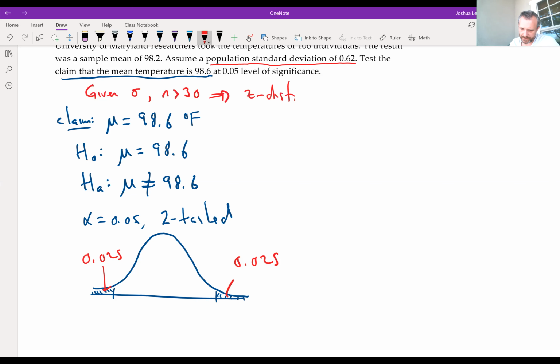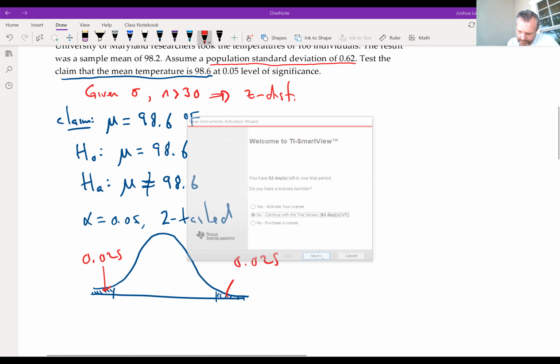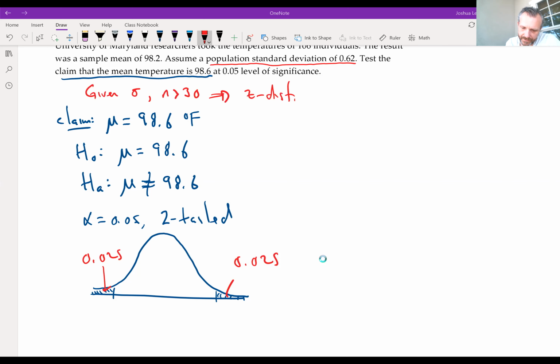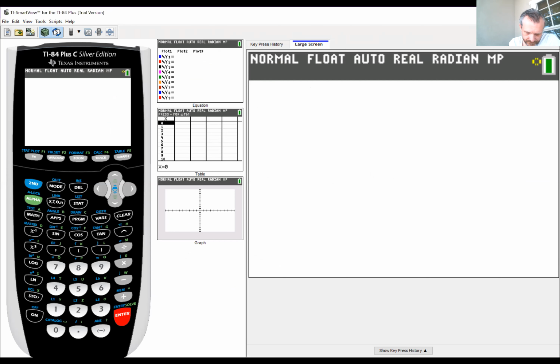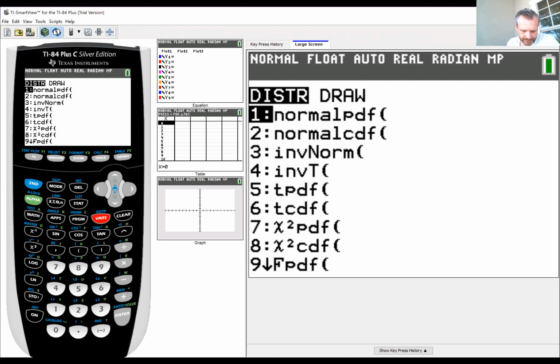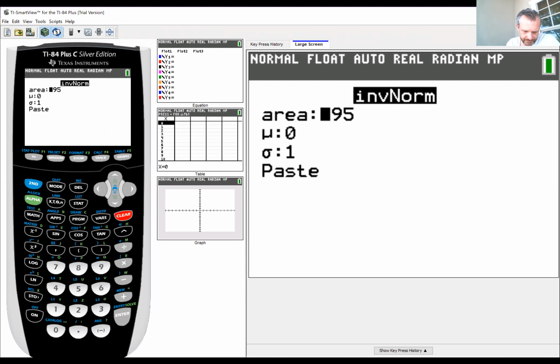So let's go get our critical Z's. And of course you can do that with inverse norm. So second vars, inverse norm, 0.025.